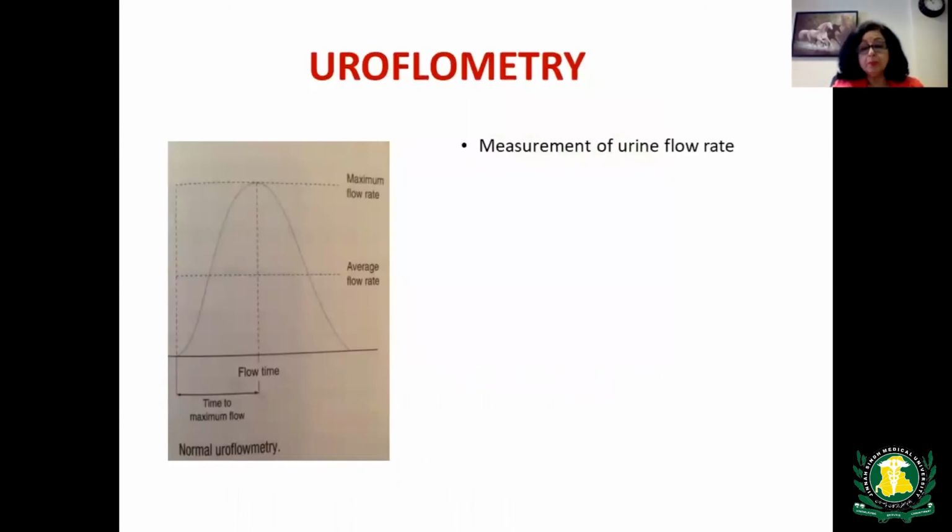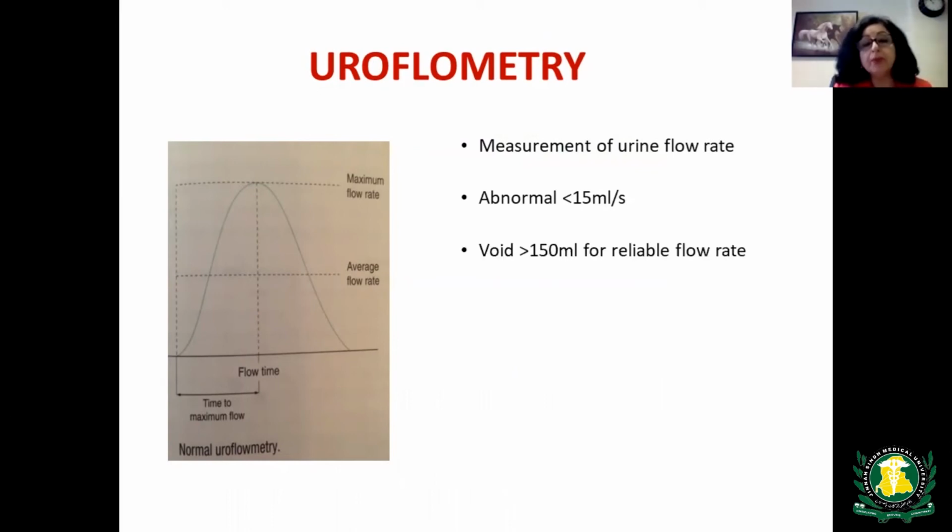Then the urodynamics includes uroflowmetry. What we are trying to do in that is measure the urine flow rate. If the flow rate of the urine is less than 15 mils per second, that is considered abnormal. It should be more than that. And if they void more than 150, that will be a reliable flow rate.